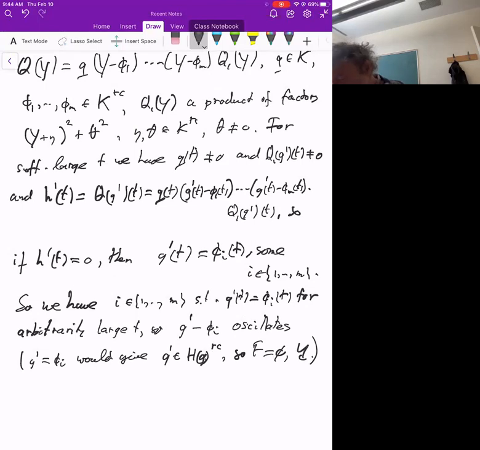Of course, you could also simply say, well, if g prime is in the real closure, then we are really done already. Right. So one conclusion we can draw now is that q is of degree at least 1.